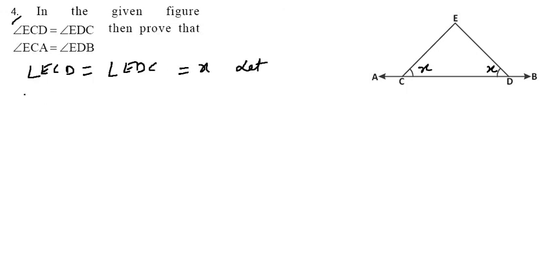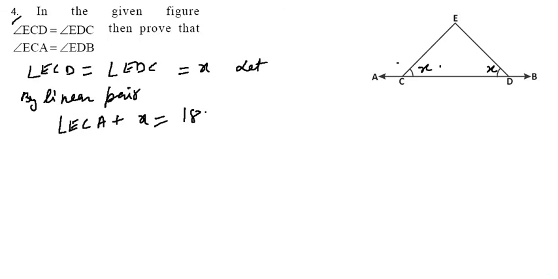So by linear pair, the angle sum of this and this is equal to 180 degrees. So you have to write angle ECA plus x is equal to 180 degrees. So that is the first equation.